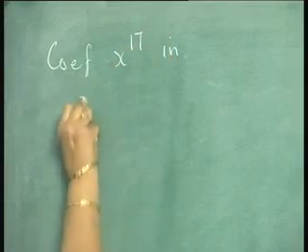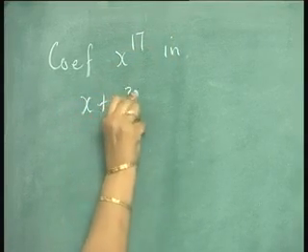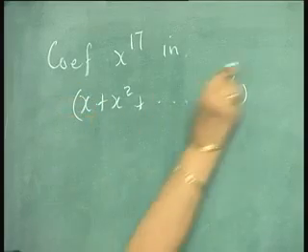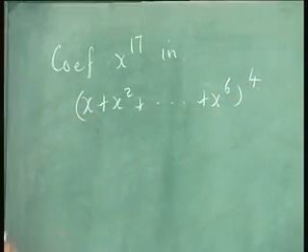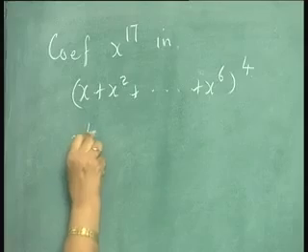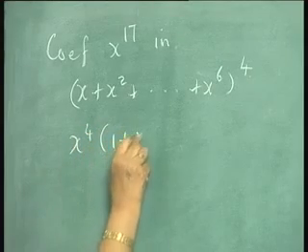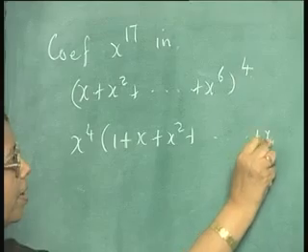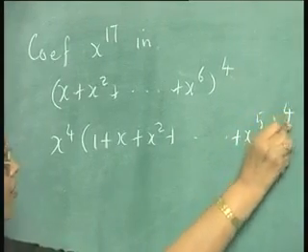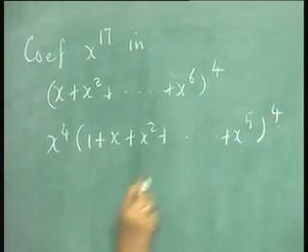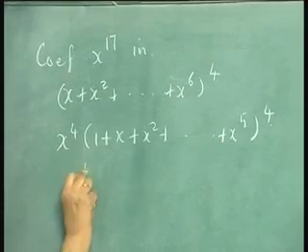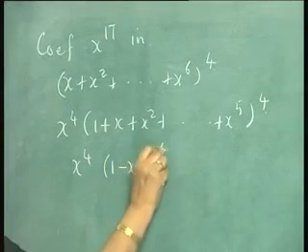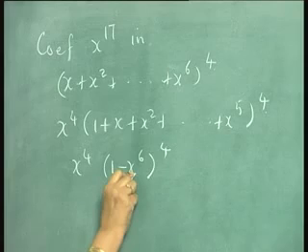So, in essence you have to find the coefficient of x power 13, because 4 you are accounting for here, in (1 minus x power 6) to the power of 4 into (1 minus x) to the power of minus 4.